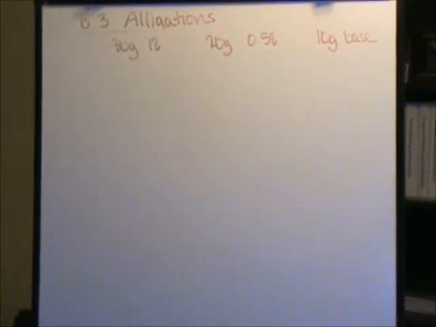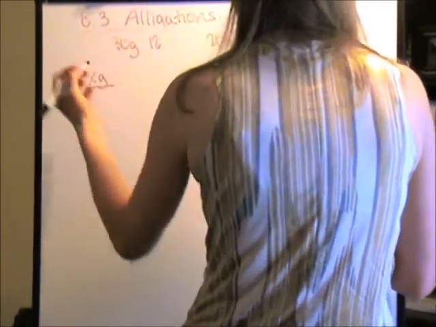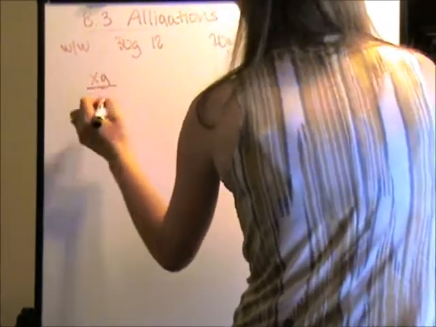So we're going to begin by determining the amount of the active ingredient in each of the items in the mixture. So we'll start with the 30 grams of the 1% weight in weight hydrocortisone cream. So we're just going to set up our proportion, and it's weight in weight, so it's going to be grams and grams. So we're trying to find how many grams.